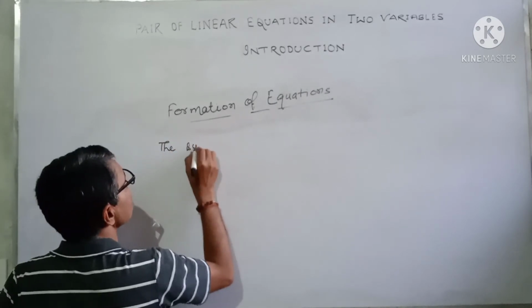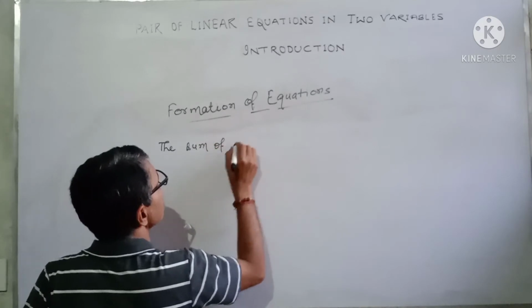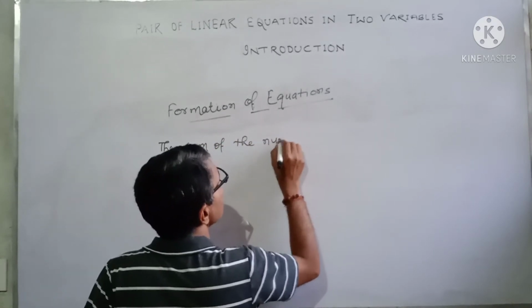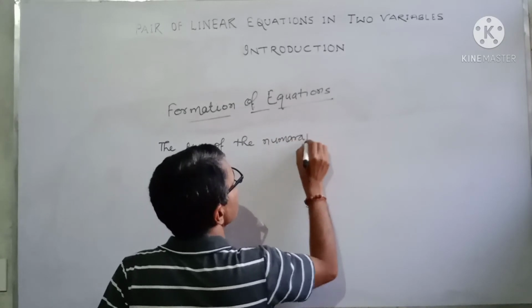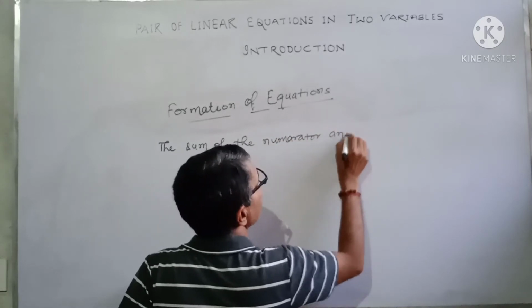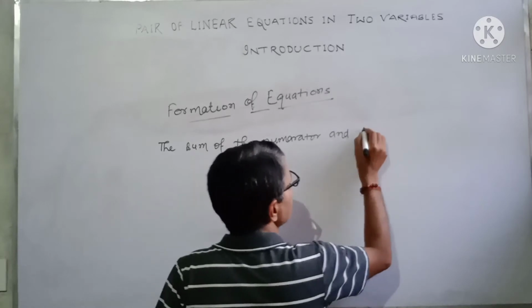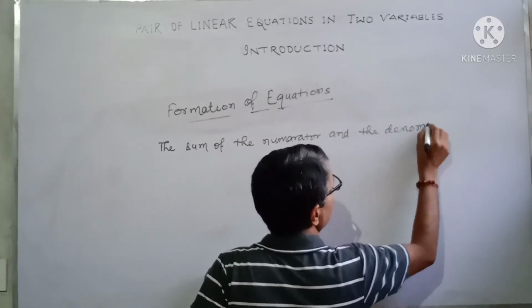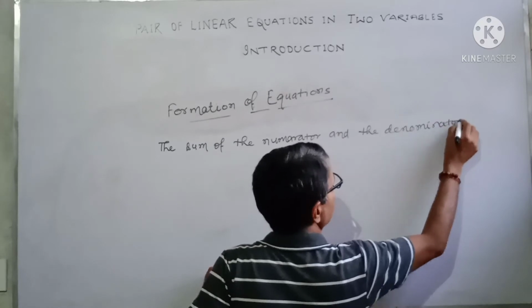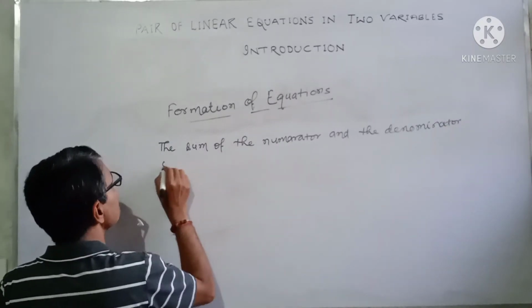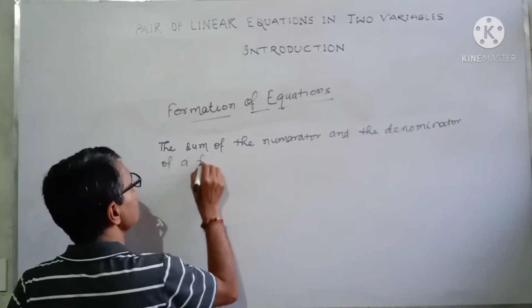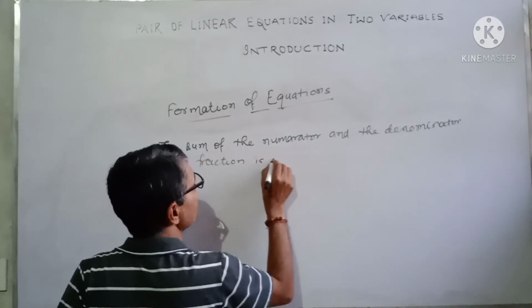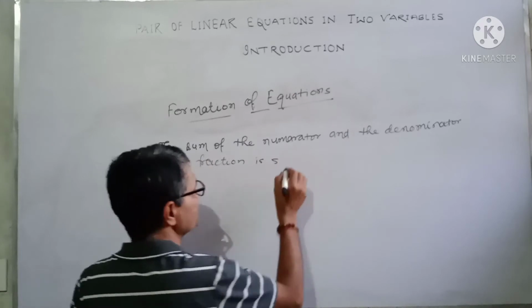The sum of the numerator and denominator of a fraction is 5.